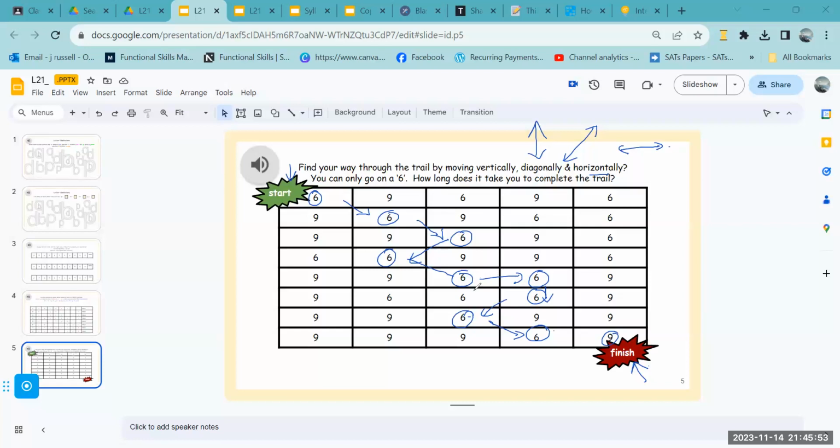See if you can find the lowest number of steps it takes to go from the start to the finish, and then the greatest number. That will give yourself a challenge. And of course, this is something you could print out again and try and time yourself.